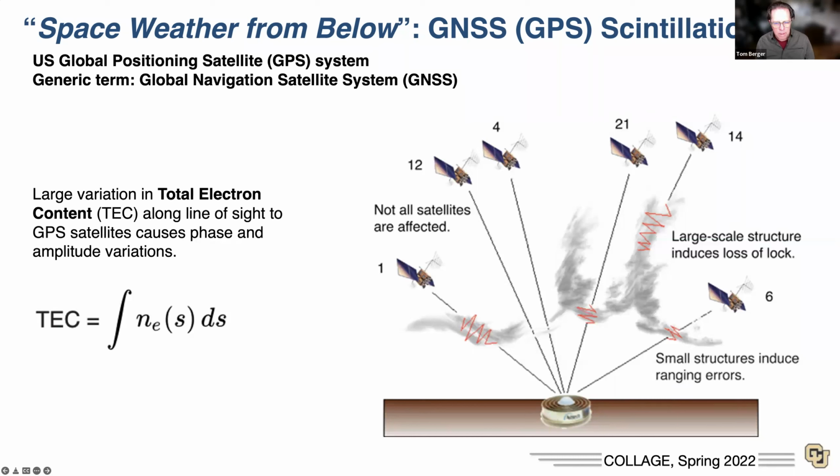But the reality is it's not smooth all the time, and you get things like big scintillation bubbles occurring, which can scramble the signal from GPS systems. So the big bane of GPS is scintillation. It's caused both by these Rayleigh-Taylor instabilities and by the energetic particles in the polar regions kicking off the TIDs we talked about earlier.